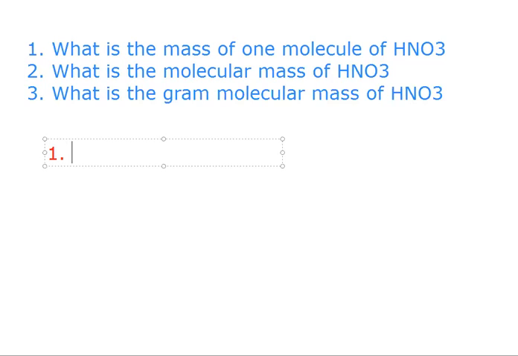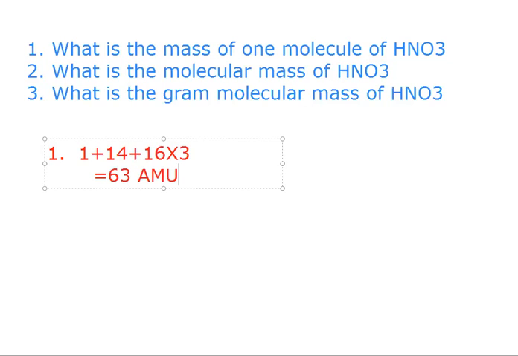Since the mass of hydrogen is 1, we calculate 1 plus nitrogen's mass 14, plus oxygen mass 16 into 3.